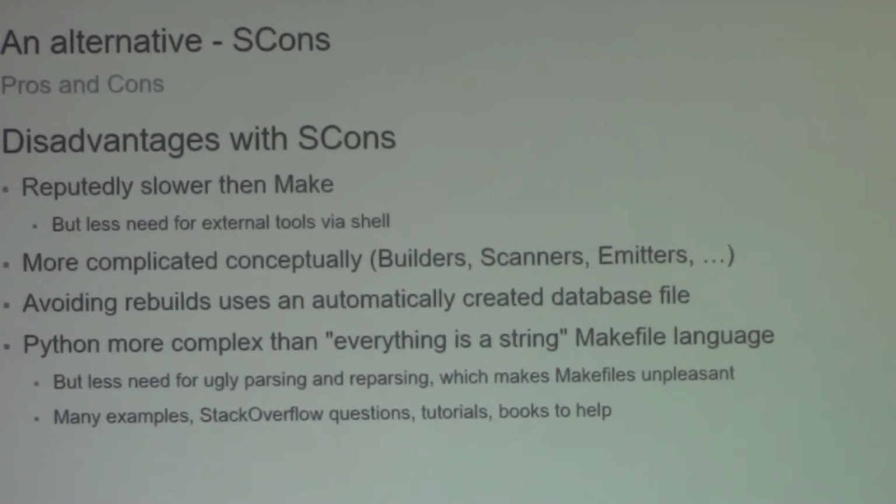But if you want to wipe all of your workspace but not rebuild things that you didn't change, you would need to make a bit of an effort to copy that out of your workspace first and then restore it afterwards. Python is more complicated than just saying this is a lot of strings, but Python has a lot of things that can help you.